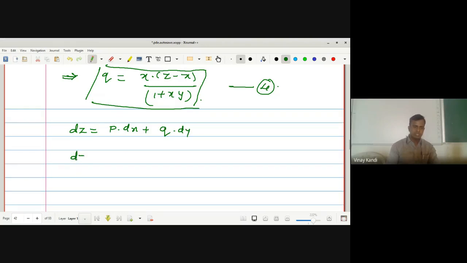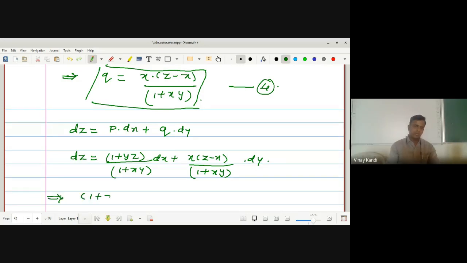Okay, now solve this one. dz is equal to, what is p? (1 plus yz) upon (1 plus xy) plus, what is q? x into dx, into dx plus, what is q here? x into (z minus x) upon (1 plus xy) into dy, which is equal to, it is (1 plus xy) into dz is equal to (1 plus yz) into dx plus x into (z minus x) into dy.